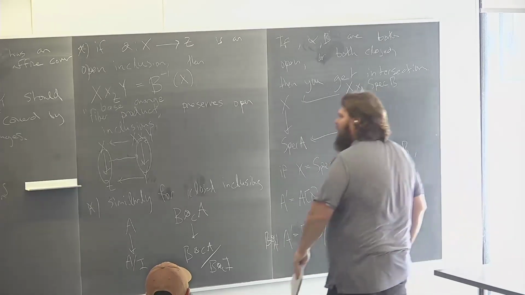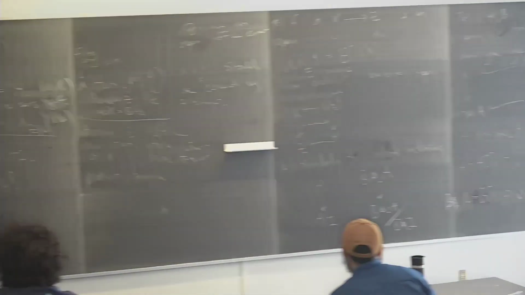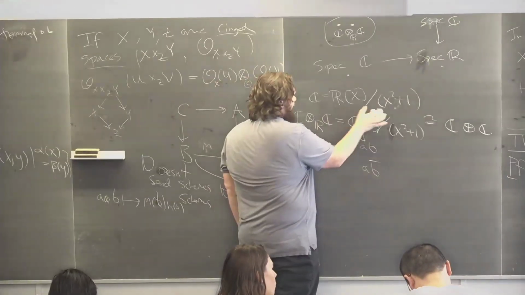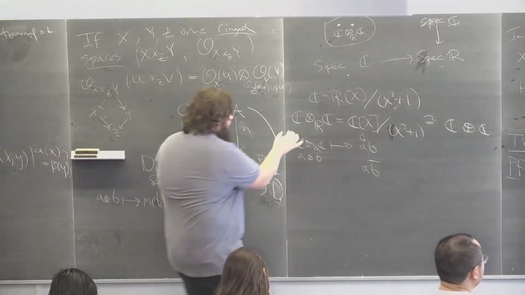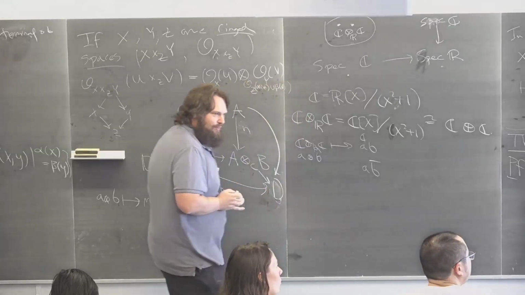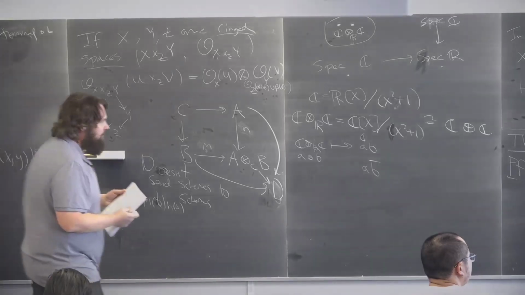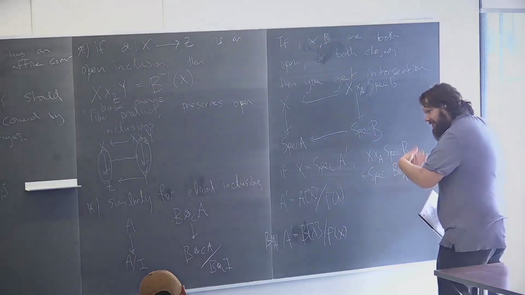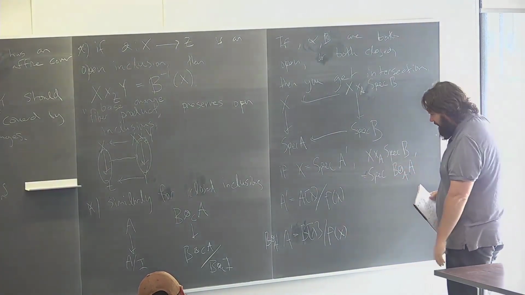So we saw that exactly here. That C is about thinking over R and thinking about solutions to x squared plus 1. And then when I base change, now I'm looking at solutions to that over C instead of over R. All right. So for me, at least, one of the really important interpretations of schemes is they give you an object that tells you about solutions to an equation over a ring.